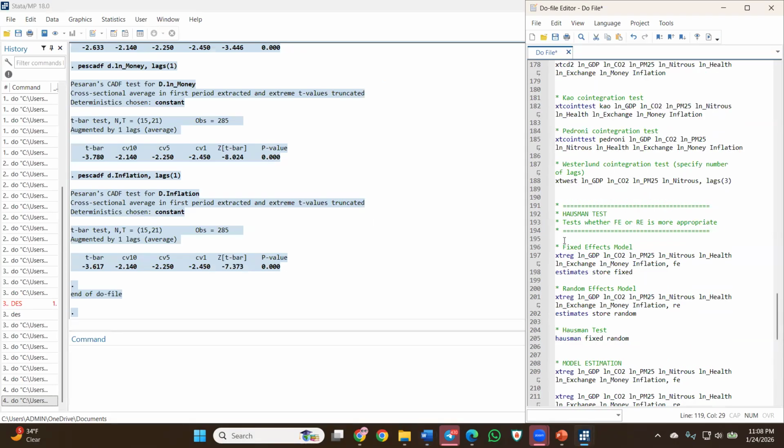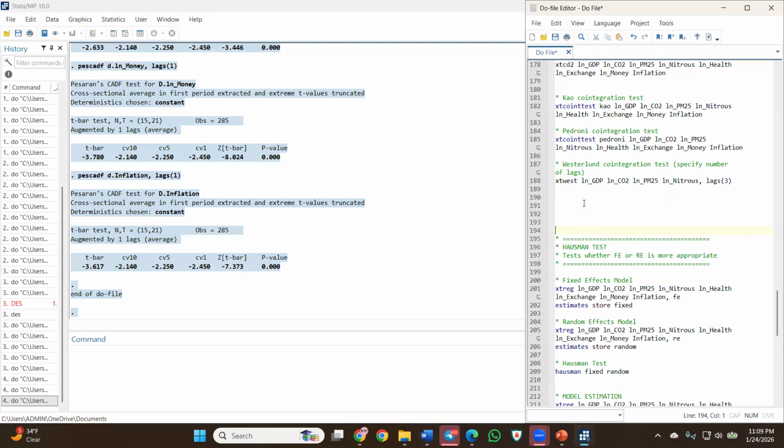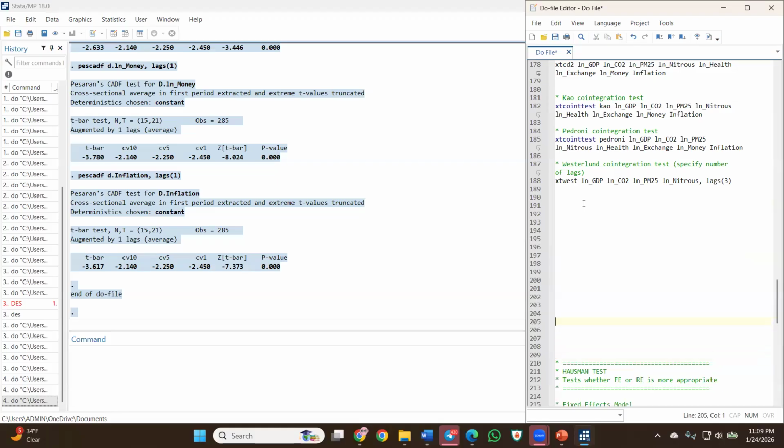And before you start, if you want to do the Hausman test, I think it is here, you have to run the FE. Let me give space so that I type the models for you to see.